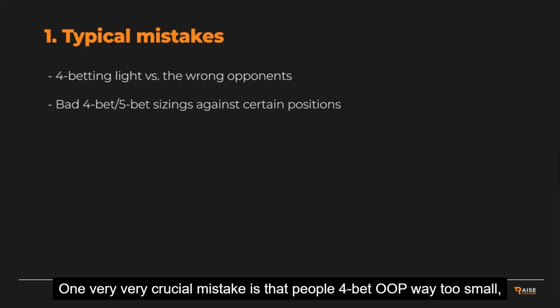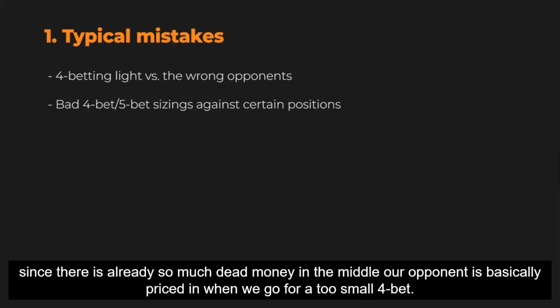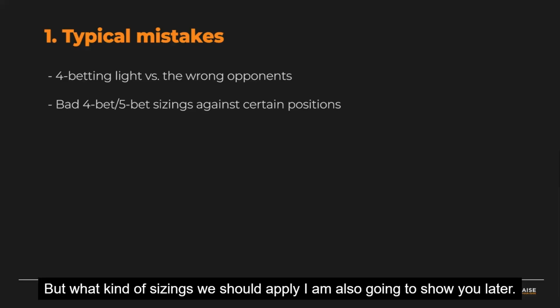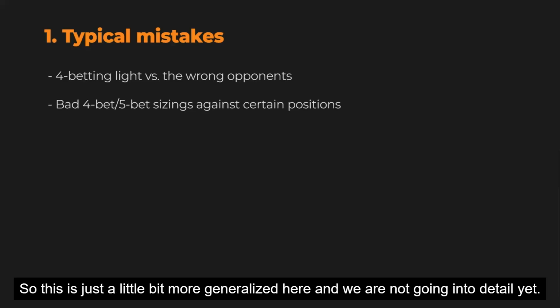One very crucial mistake is that people 4-bet out of position way too small. Since there's already so much dead money in the middle, our opponent is basically priced in when we go for a too small 4-bet. But what kind of sizings we should apply, I am also going to show you later. So this is just a little bit more generalized here, and we're not going into detail yet.